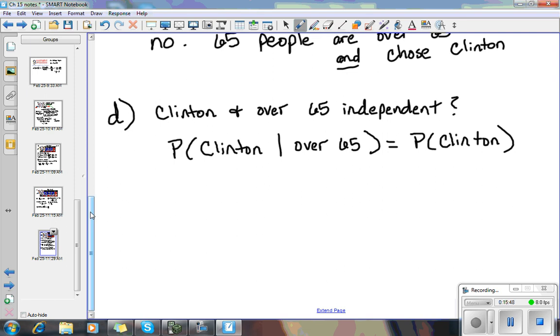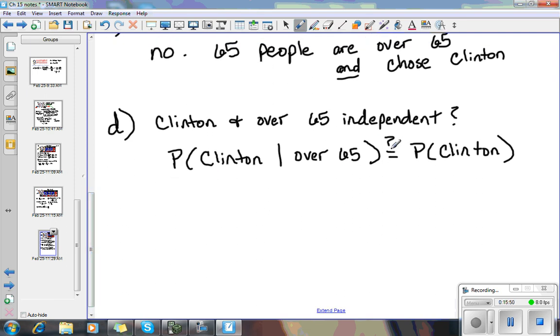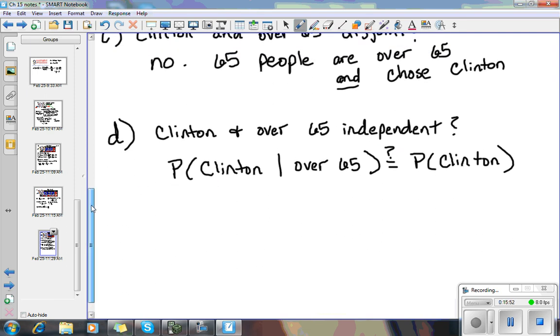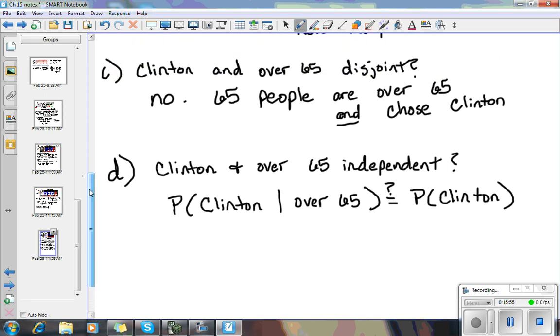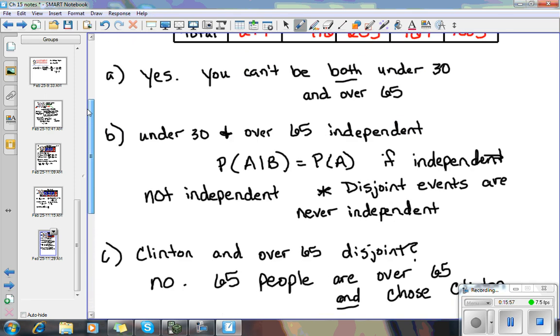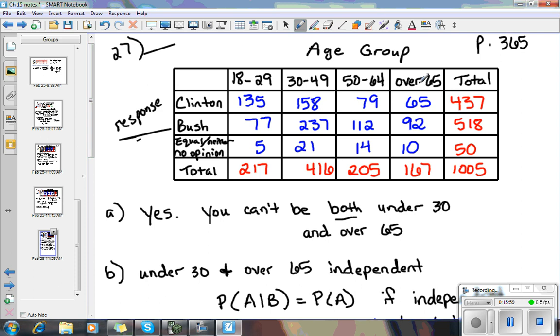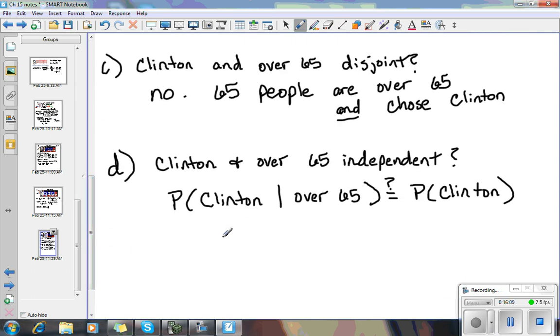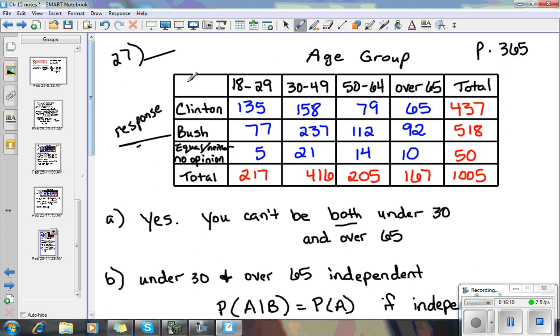Because this is one of the ways we can test it. So we want to know, is this true? If it's true, they're independent. If it's not true, they're not. So given they're over 65, out of the 167 people, 65 chose Clinton. So 65 out of 167. That's this side. And we want to know, is that equal to the probability of choosing Clinton? 437 out of 1,005.